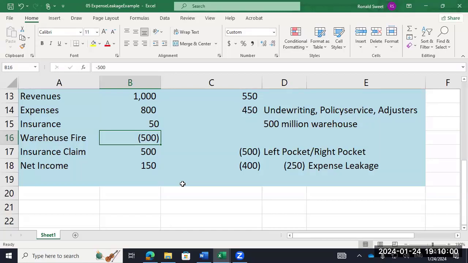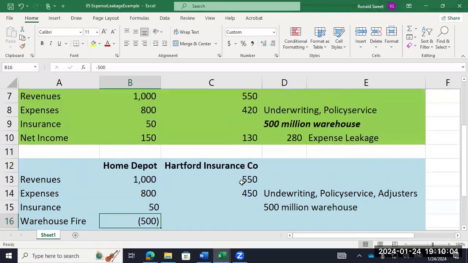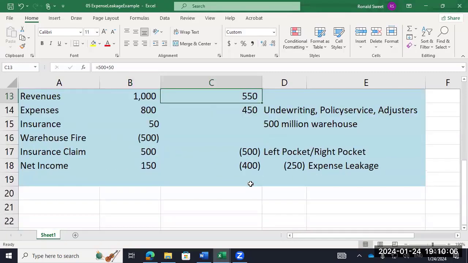They have to spread it out to future years. Whereas Hartford, they get to actually spread out those losses over many, many years. So there's an advantage. Hartford can somehow use the tax code to get those losses earlier on taxes, versus Home Depot, which can only get the tax benefit when they have the massive loss.